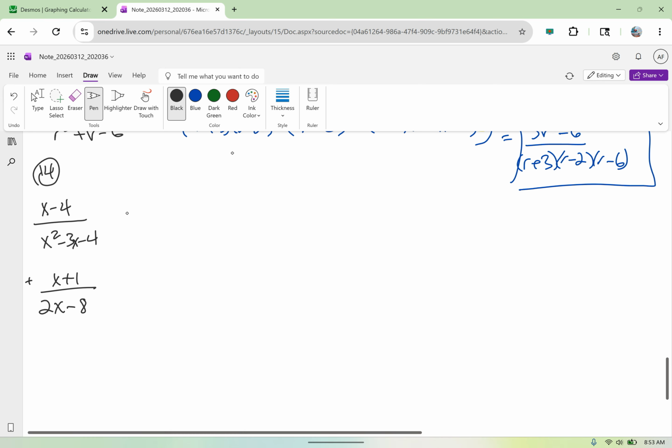Factor first. See what we're working with. x minus 4, x plus 1. This is already factored, no change on the top. All right, and here I need to multiply by 2 in order to have a common denominator.